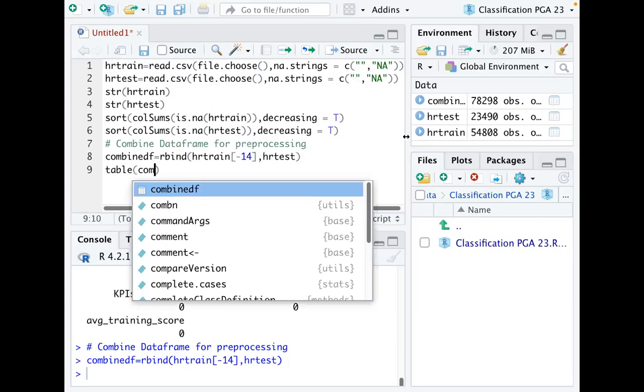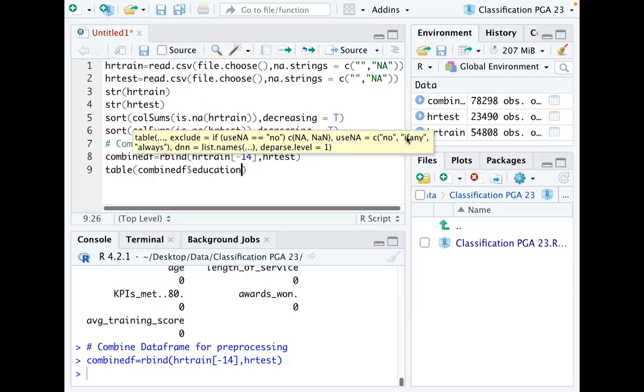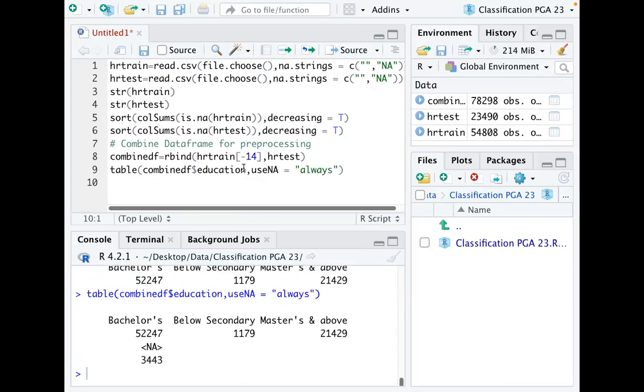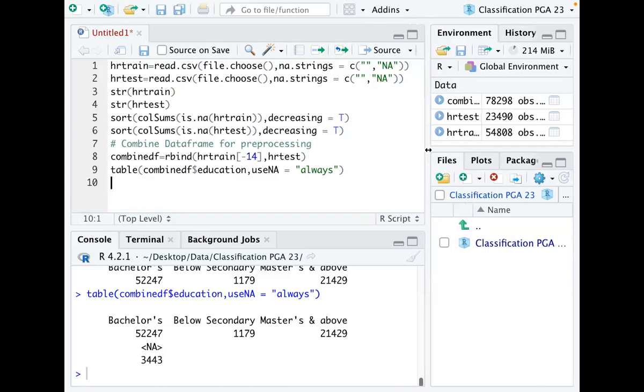So table combined DF dollar education, use NA is equal to always. So 3,443 are missing values.